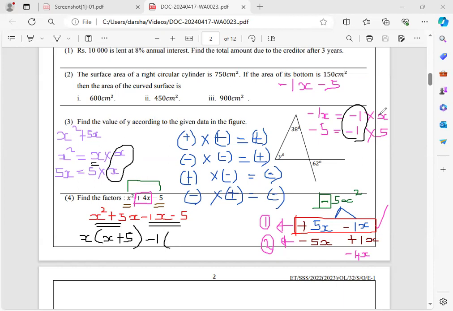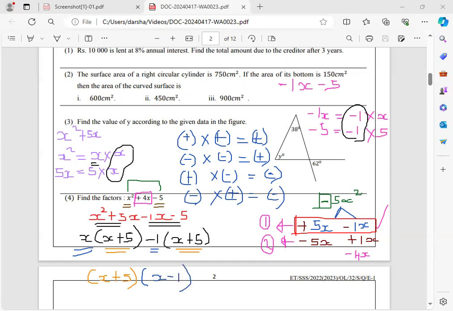When you put minus 1 as common, x is remaining, then here 5 is remaining. So that is x plus 5. Then in the next step, we have to write down this first: x plus 5. Then look at here, there is an x and there is a minus, so x minus 1.